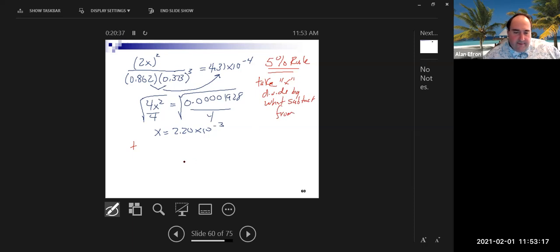So for example, our x value here was 2.2 times 10 to the minus 3. And if you look at the equilibrium line of your ice table, one of the things we were going to do was 0.862 minus x. So we would divide it by 0.862, which was our initial concentration, or pressure, I'm sorry, times it by 100%.